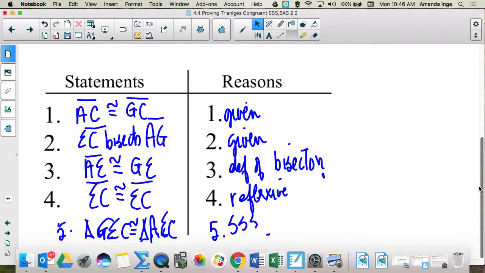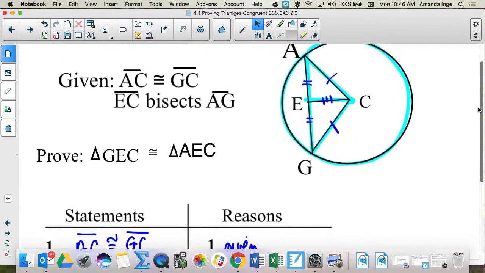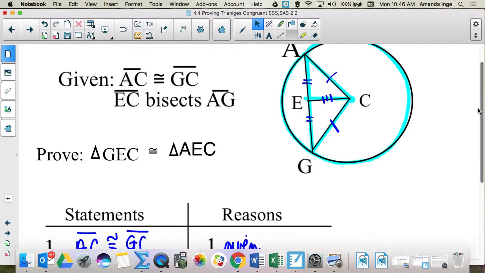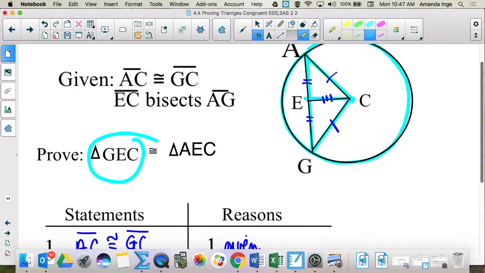So because we have three sides, we can say, because of side, side, side, triangle GEC is congruent to triangle AEC. Everybody okay with that? But just because the picture looks complicated, that doesn't mean the proof is necessarily complicated. All right.